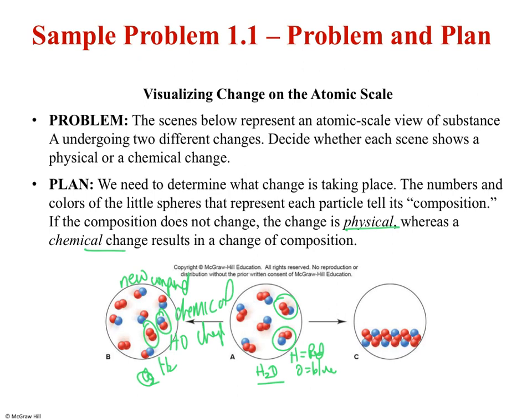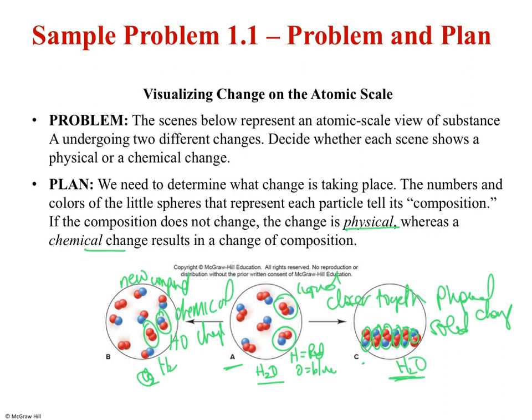Here, they're still all intact. You see there's 2 reds and 1 blue. What happened between A and C is they got closer together. So this could be a liquid and this could be a solid. That would be a physical change, because you can see it still has a 2-to-1 ratio, whereas the other ratios have changed.